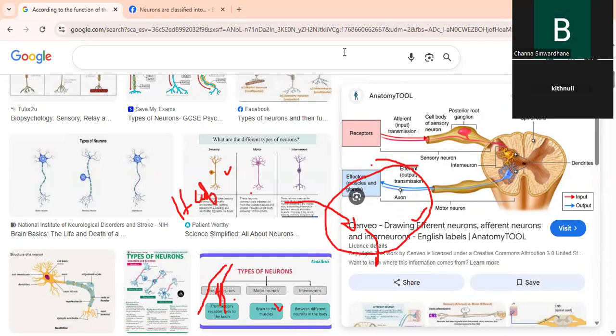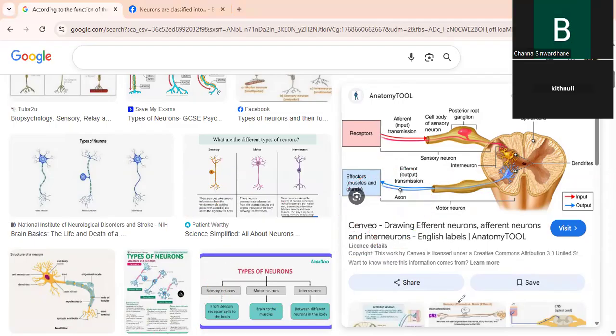Now this is the clear version. Here you have the sensory neuron. In here you will see the motor neuron. Now where is the interneuron?